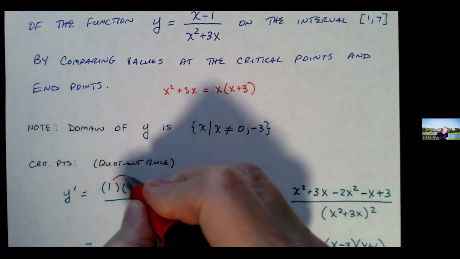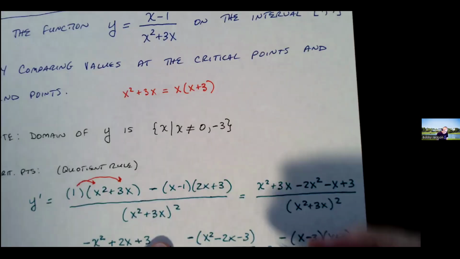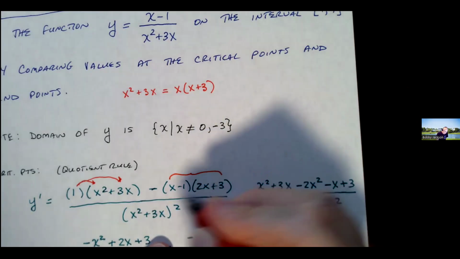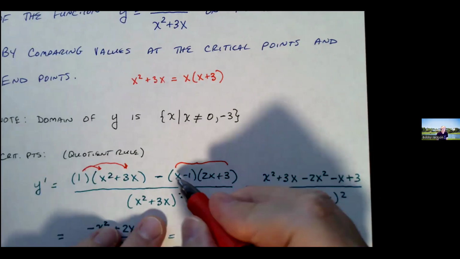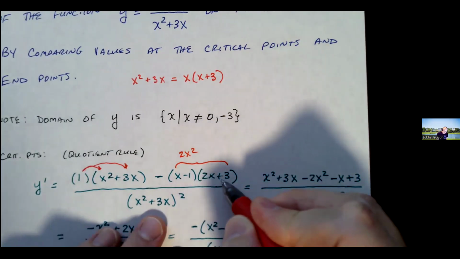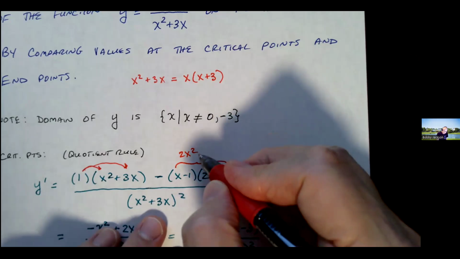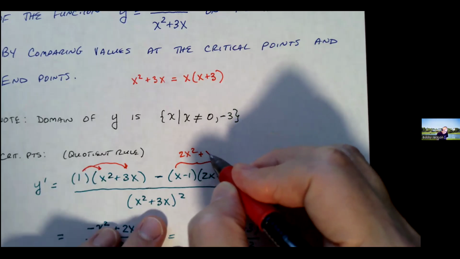Now I'm going to distribute the 1 through. Of course, that just gives me the x squared plus 3x. Here I'm going to go ahead and FOIL this thing out first before distributing the 1. So x times 2x gives me 2x squared. The outer is 3x. The inner is -2x. 3x minus 2x is 1x.